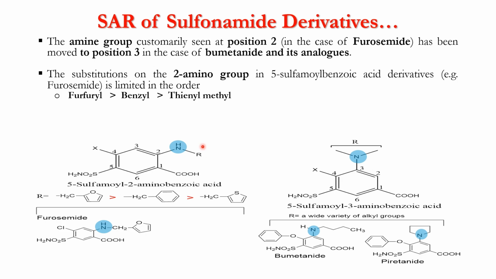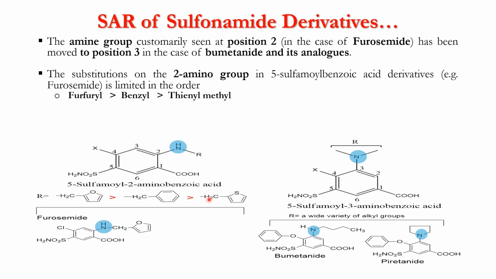So they contain the furfuryl group. As we have seen here, the order is also like that. The one that contains the furfuryl group is more potent, as we have seen in the furosemide ring system. Then it can also be replaced by benzyl groups or thienylmethyl group. This is the benzyl group. That is the thienylmethyl group.